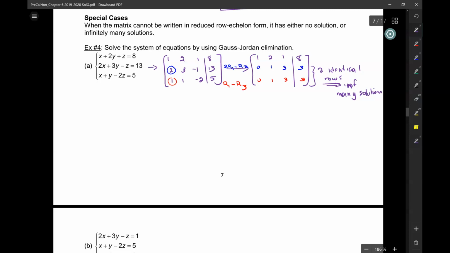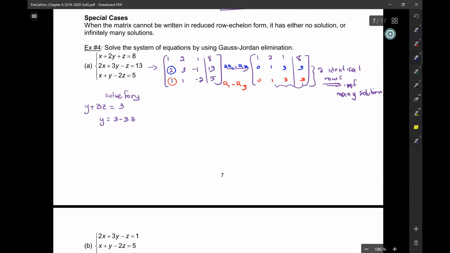But do we stop there? No, we don't. You take that guy and you say y plus 3z equals 3. And you solve for y. I'll show you why you solve for y. So y is 3 minus 3z.